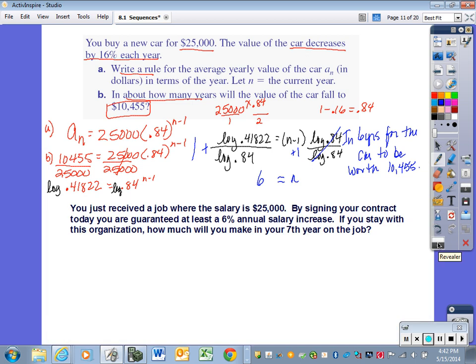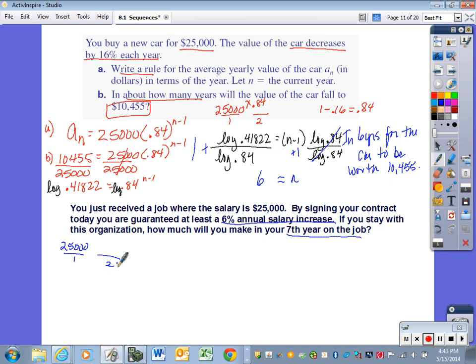And one last one. You just received a job where you made $25,000. By signing your contract today, you're guaranteed at least a 6% annual raise. What will you make in your 7th year on the job? So my first year, I'll make 25,000.